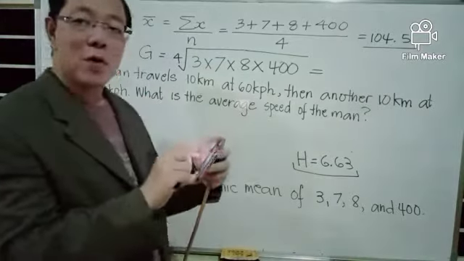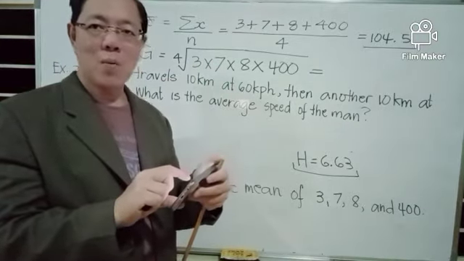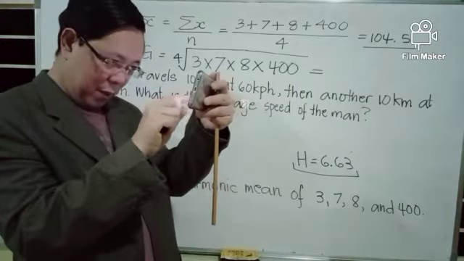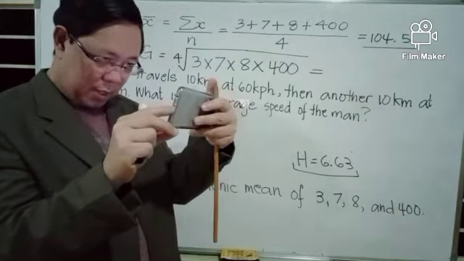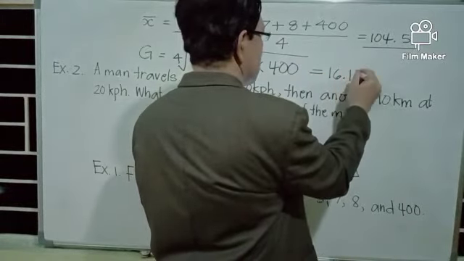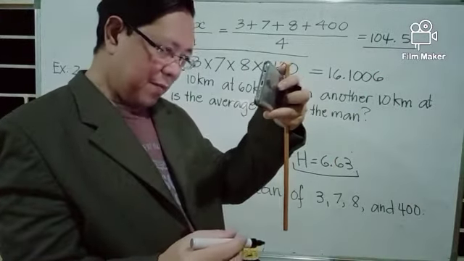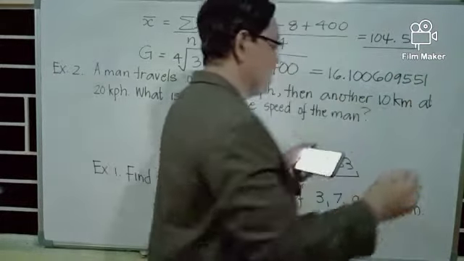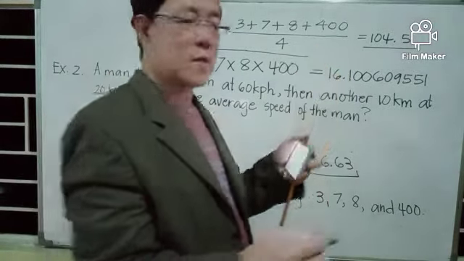And we take the 4th root of the product, or you raise the product to the power 1 over 4, 1 divided by 4. And you should get 16.1006, 09551, 5517006.